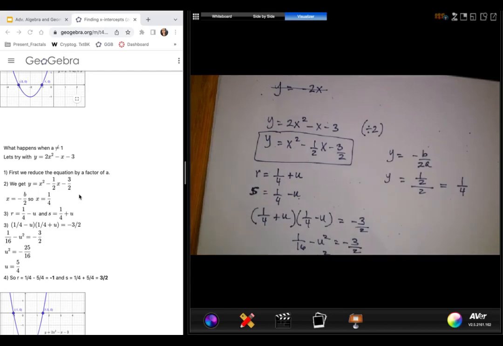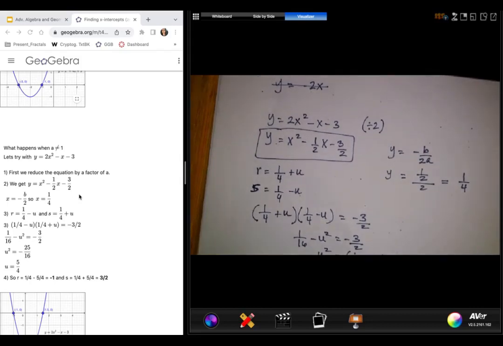So u squared will be negative 3 over 2 minus 1/16, and the opposite of that when we divide by negative 1, so u squared equals 25 over 16. That means u equals 5/4. U is a distance from the axis of symmetry to the zero, so it's a positive number.